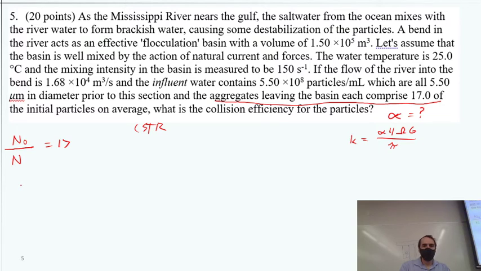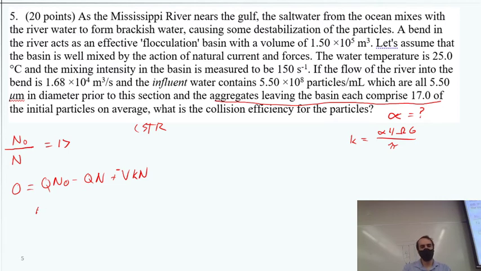So in that case, and we can assume it's at steady state, this is going to be Q n naught minus what's going out, Qn, plus that reaction where we have in that volume, we have our K times N. Actually, this is a decay reaction because we're merging particles, reducing the number. Okay, so this is our kind of generic baseline mass balance here.